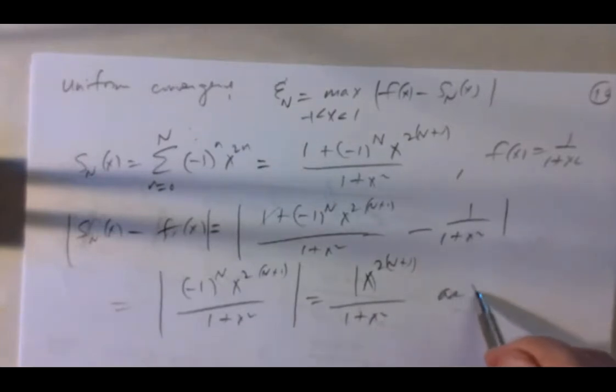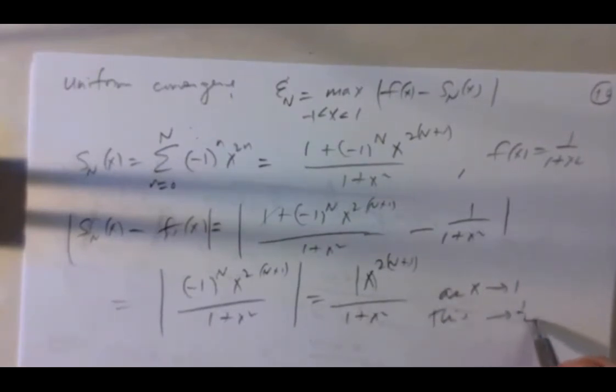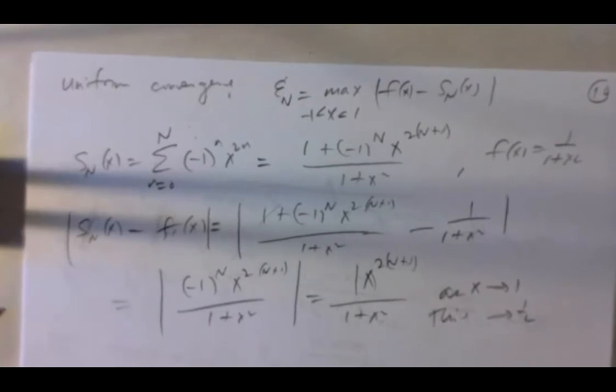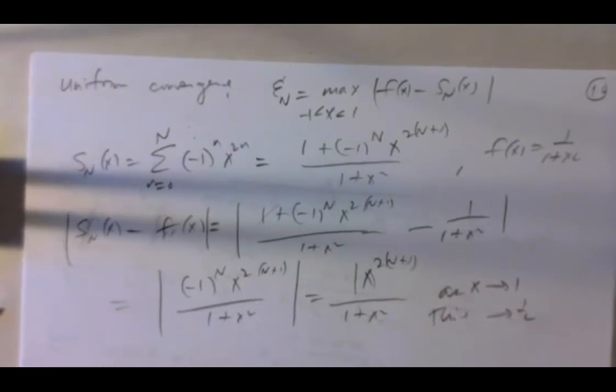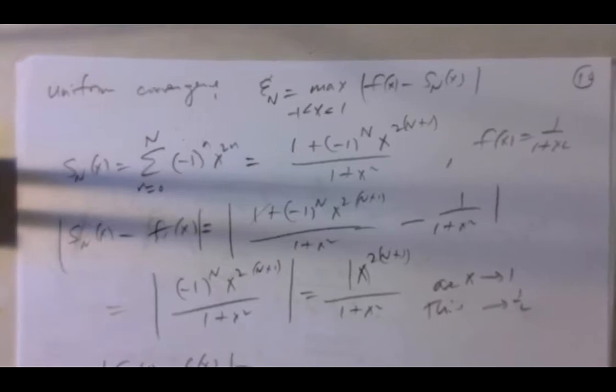So as x goes to 1, this goes to a half. So the maximum between minus 1 and plus 1 of Sn of x minus f of x, that's a half for all n.